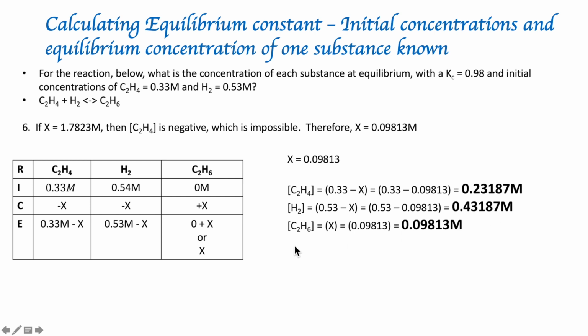And for C2H6, since it's just X, it's going to be exactly the same number here. Okay. So these are going to be your concentrations of each one of your substances. So when it reaches a point of equilibrium, we just identified how much of the C2H4, how much of the hydrogen, and how much of the C2H6 you would get.